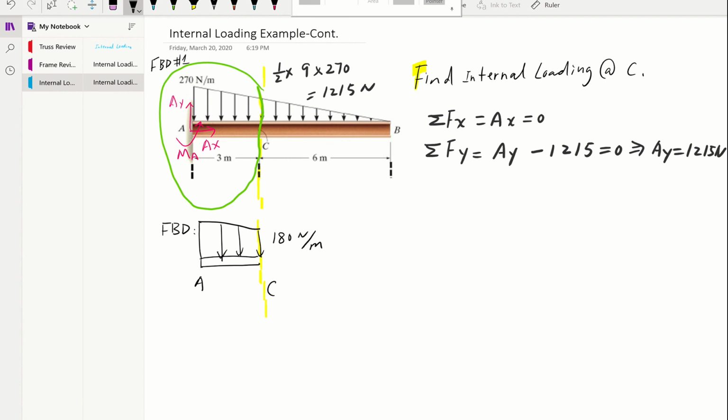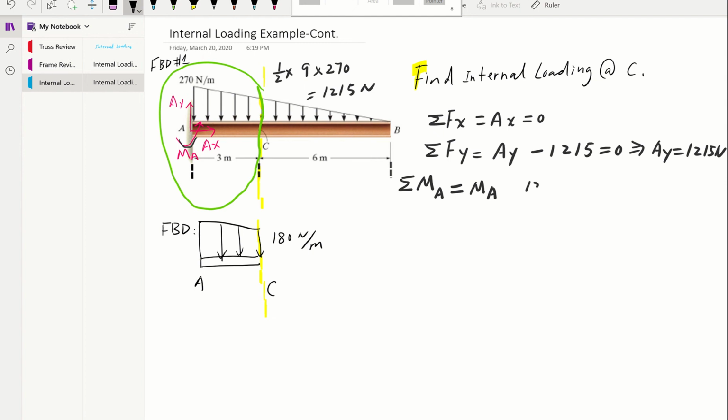The last thing to solve from FBD number 1 is the moment at A due to the fixed support. Where do we choose to take moment about? We can do A, then AX and AY will not show up in the equation. We'll have only this moment, and since we assumed it's counterclockwise, that will be MA, positive.